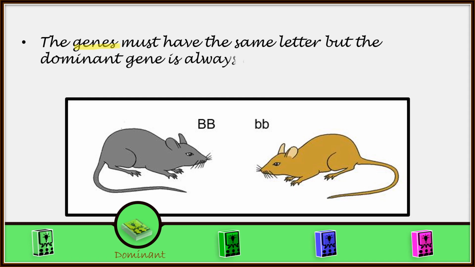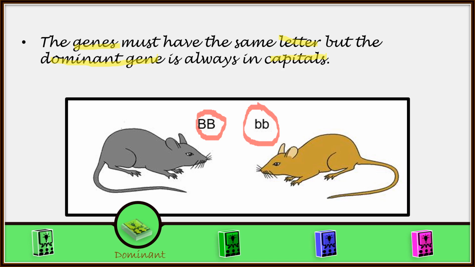The genes must have the same letter, but the dominant gene is always in capitals. So when you look at our genes here, they have the same letter. And even these genes here, they have the same letters.